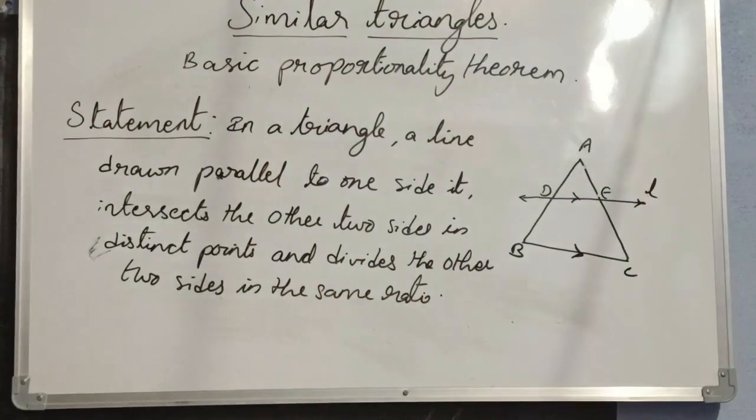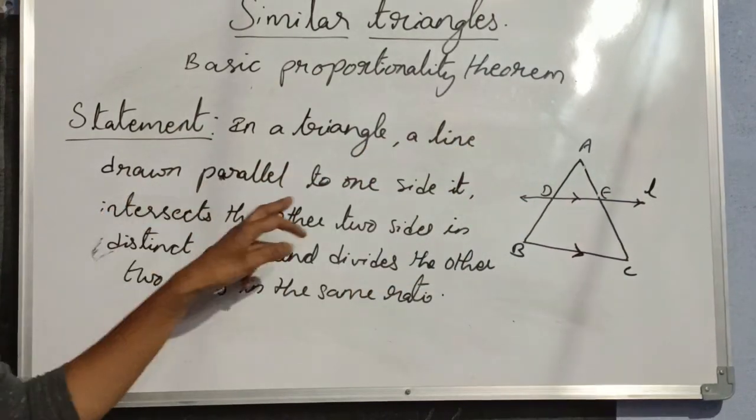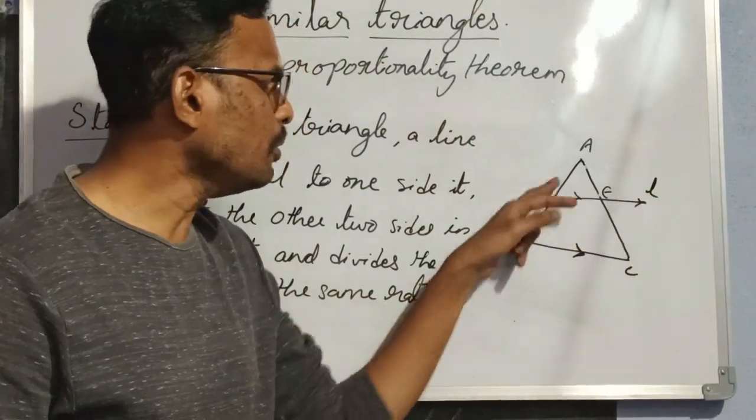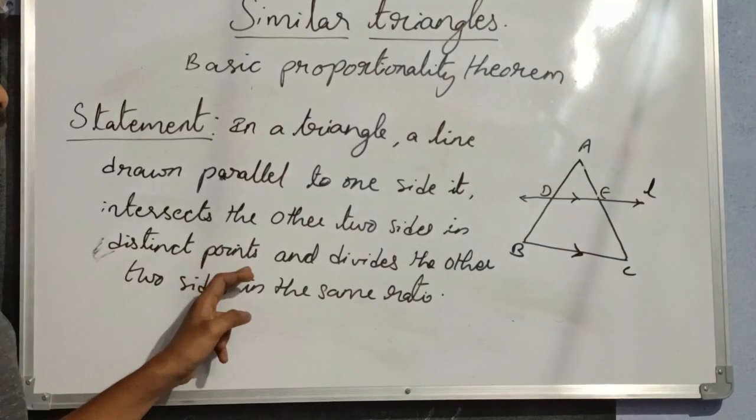Once again, in a triangle, a line drawn parallel to one side of it, line L is drawn parallel to BC, intersects the other two sides in distinct points.